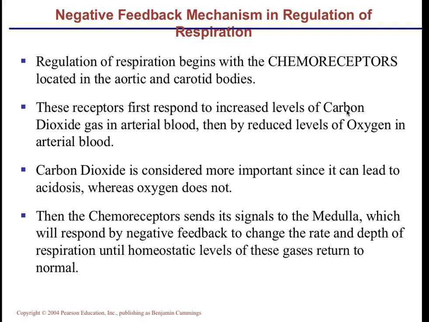And the second is going to be the low oxygen in arterial blood. What then happens is that the respiratory center in the medulla is going to get all that information, and according to its priorities, which of course is get rid of the CO2 and retain the oxygen, it will change the rate and depth of respiration to get that person back into homeostasis.